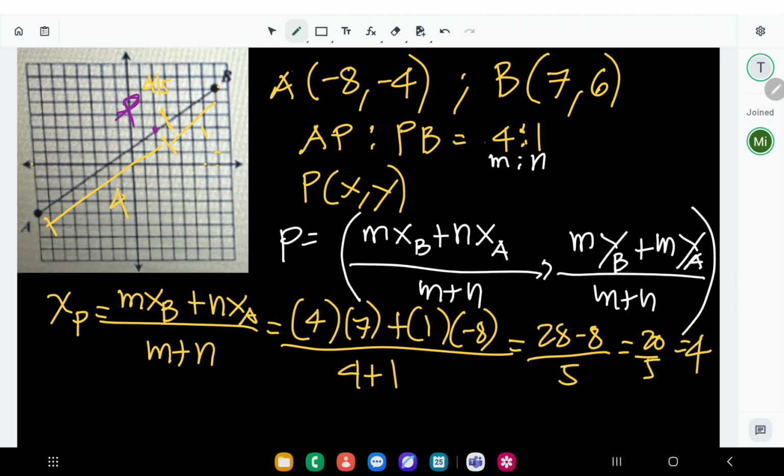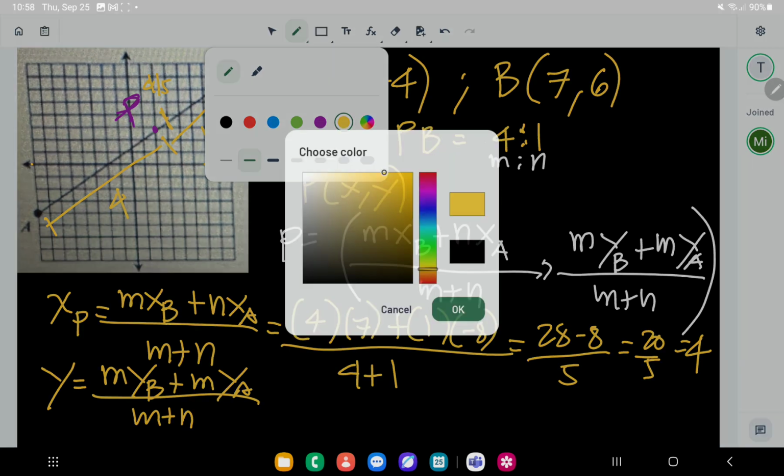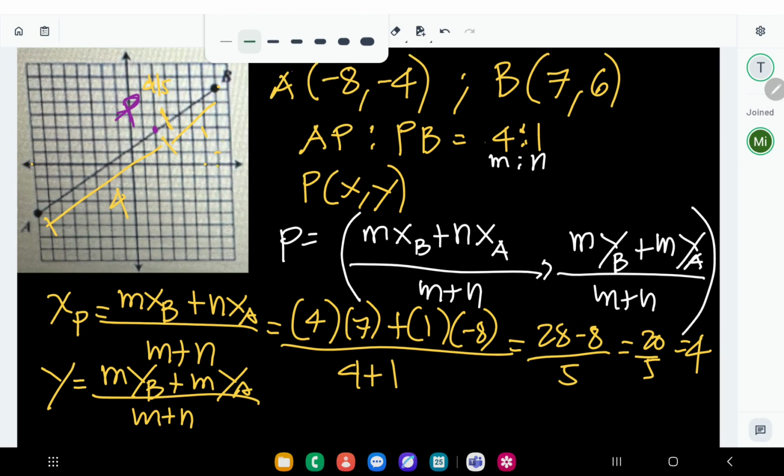So that is the x coordinate of point P. And the y coordinate of point P is M y sub B plus N y sub A over M plus N. Can you still see the one I'm writing?